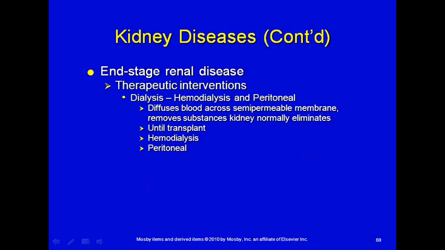Therapeutic interventions: these patients need hemodialysis or peritoneal dialysis. If it's done emergently, you'd have to take them to a facility that could do emergent dialysis, or peritoneal dialysis can be done at home.